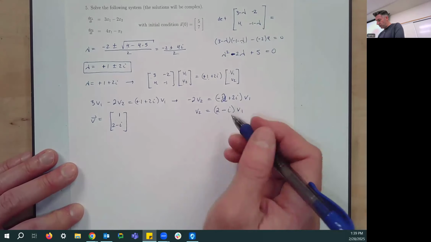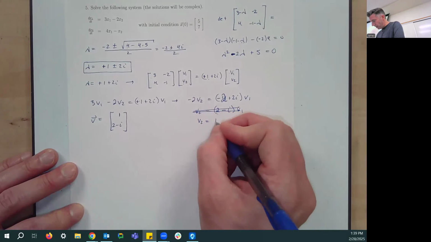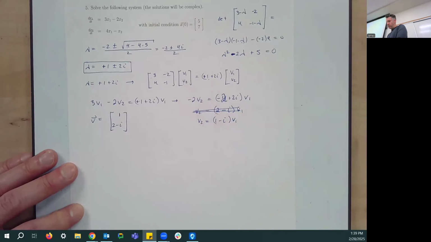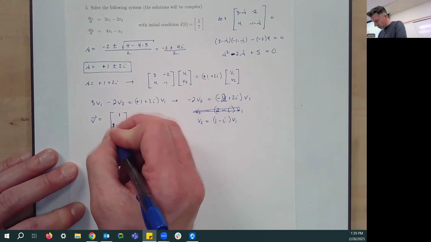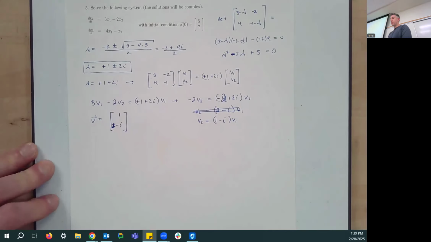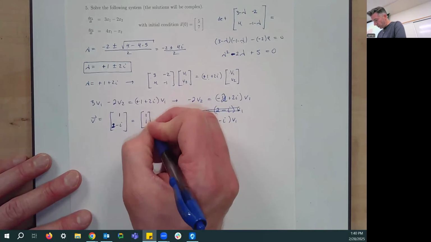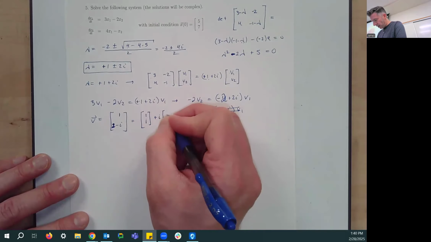Dividing both sides by -2, we get v2 equal to 1 minus i times v1. So my eigenvector should be 1, 1 minus i, not 2 minus i. Good catch, everybody. And then he prefers to write it as the real vector part, plus i times the imaginary part, which would be 0, -1.